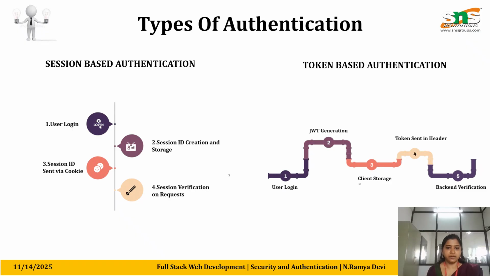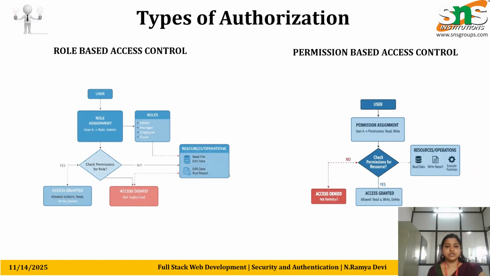For each subsequent request, the client sends the token in the authorization header using the bearer key. And finally, the backend server verifies the token signature and ensures whether the token is valid or expired. The types of authorization we are handling are role-based and permission-based.